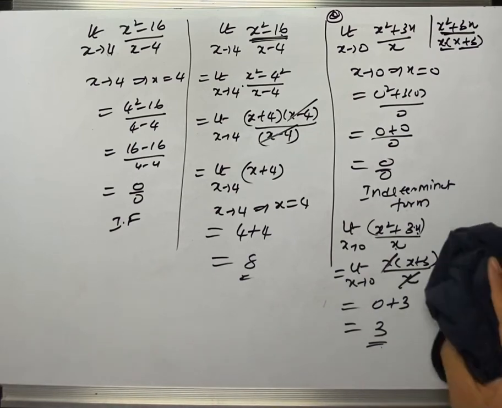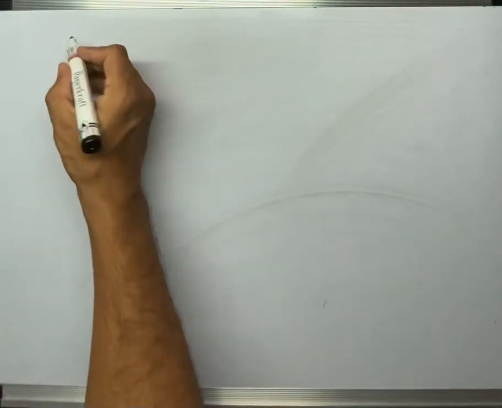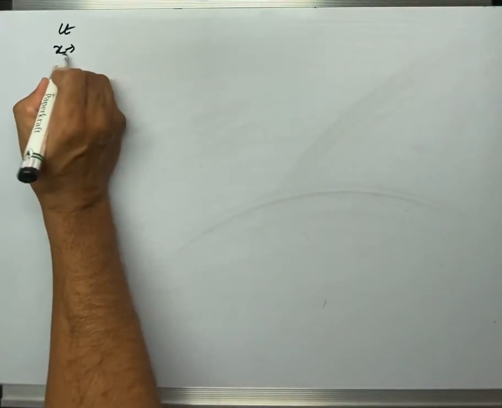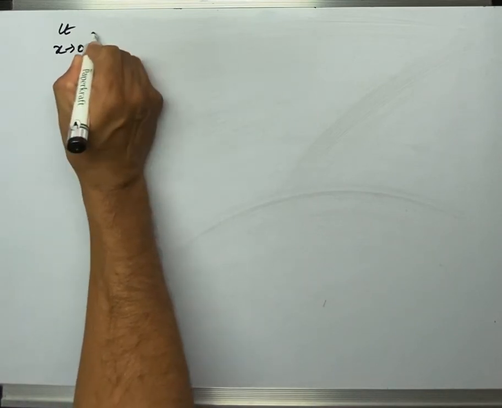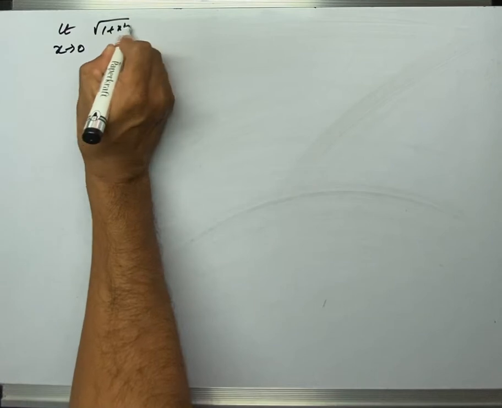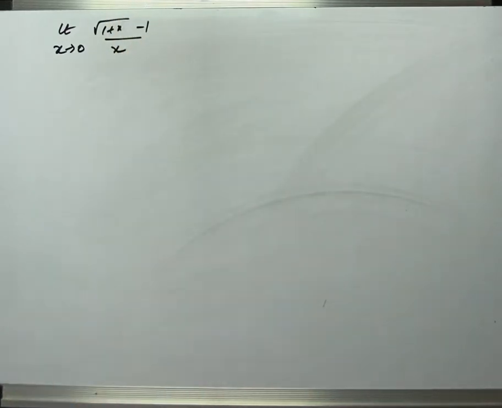Similarly, limit x tends to 0, root over 1 plus x minus 1 by x is the question.